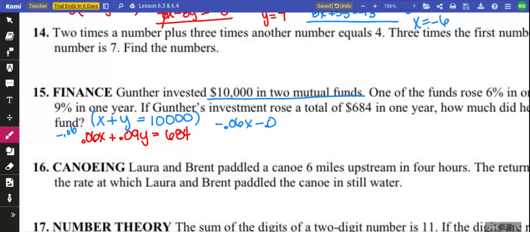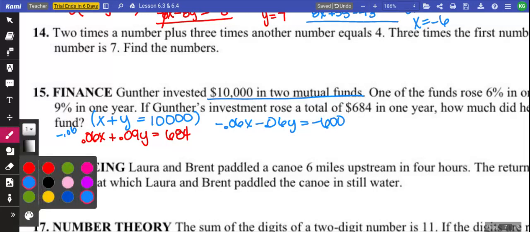So that would give me negative 0.06x, negative 0.06y equals negative 600. And my second equation stays as 0.06x plus 0.09y equals 684. So those will cross out, and I'm left with 0.03y equals 84.